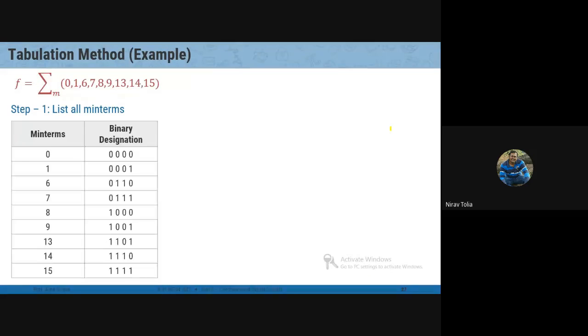So again, this is our example. We are listing all the min terms and converting all the min terms into binary form.